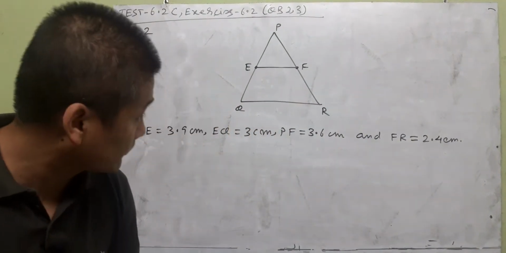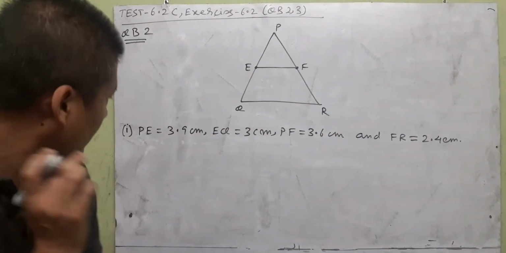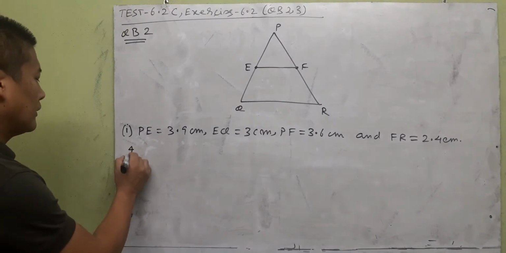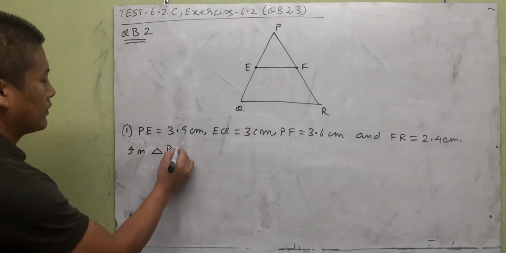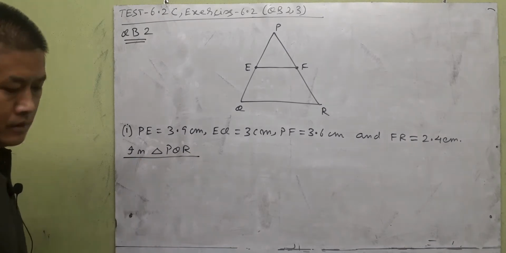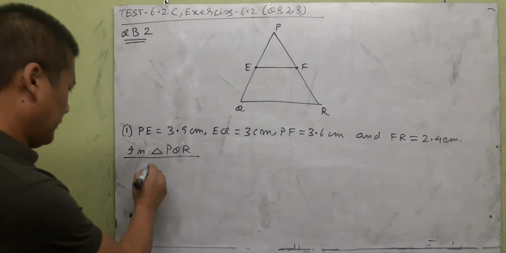So here, let's take this triangle PQR that is given to us. Okay, we know this one.